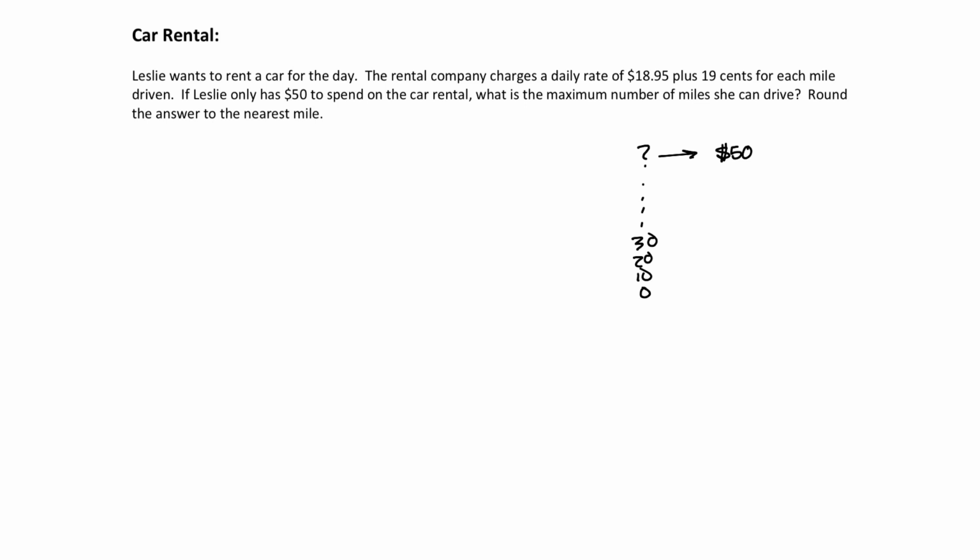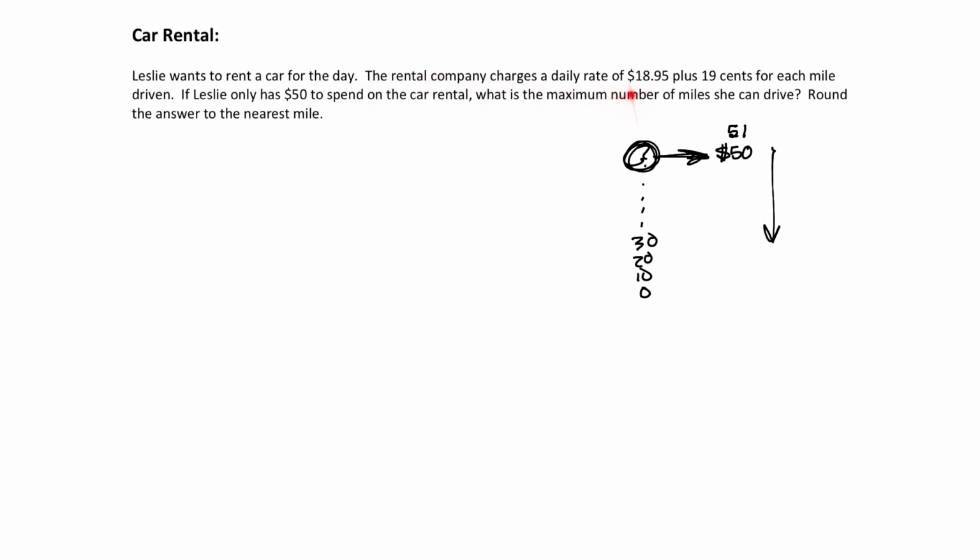Above that would be $51, and that's too much. She has $50 to spend, and that's it. So we want to figure out how many miles she can go so that it evens out to 50 exactly. Anything less than that will work. We don't want anything more than that. It can be less than or equal to that, right? Okay, let's set it up.